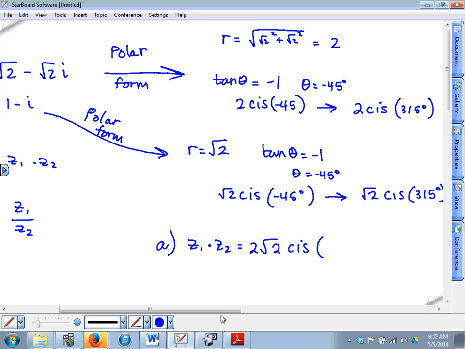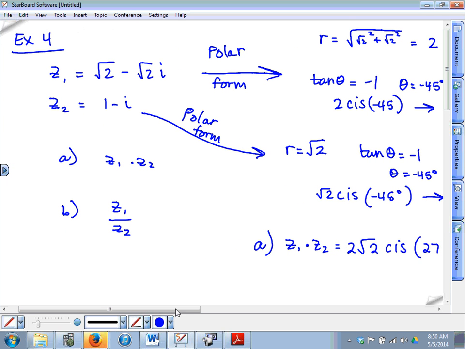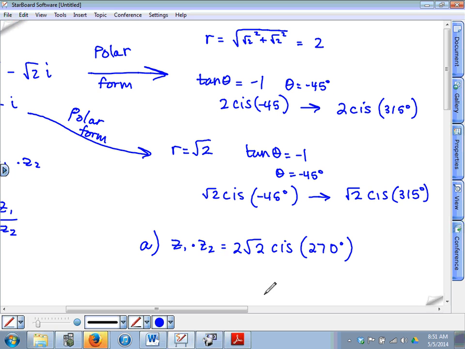That's once around a circle plus how much more? Now, unless the directions specifically say write it in standard form, just leave it in polar form. What do the directions here say? No directions. All right. Well, we'll leave it in polar form then.